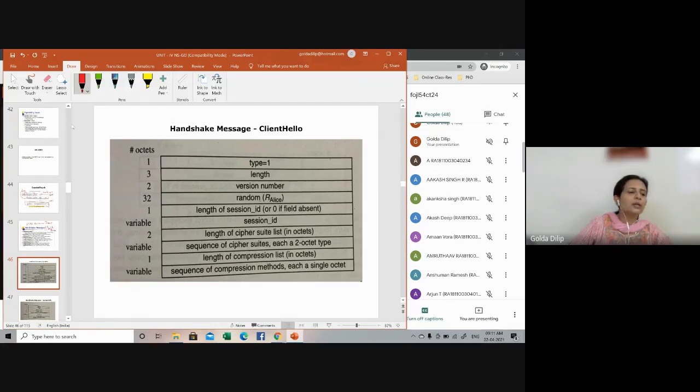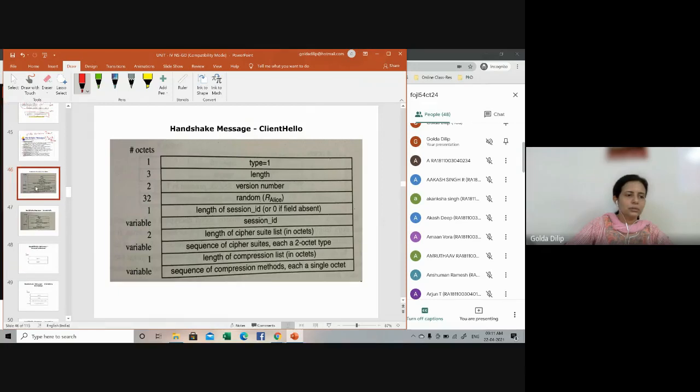You can see here what happens in a client hello message. Along with this is the typical format of how a client hello message looks like. You will be asked for this in part C, the various formats for the various handshaking messages. It's given as a separate topic, in fact.